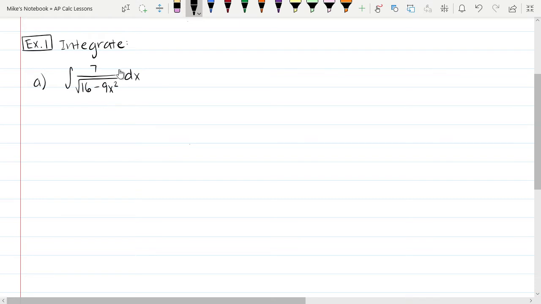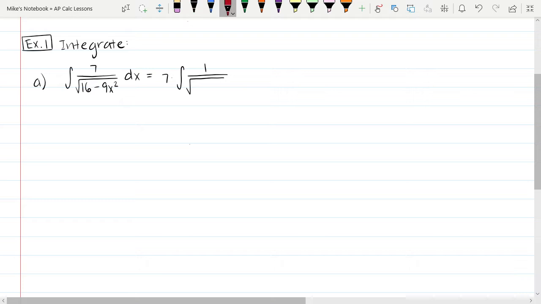So first thing we want to do, though, is make sure that we match the form that we're looking for. So I'm going to move that 7 out in front. So I have 7 times the integral of 1 over the square root of. Now remember, inside the radical, we want this to be some constant squared minus some function squared. So that means I want to rewrite the 16 as a constant squared.